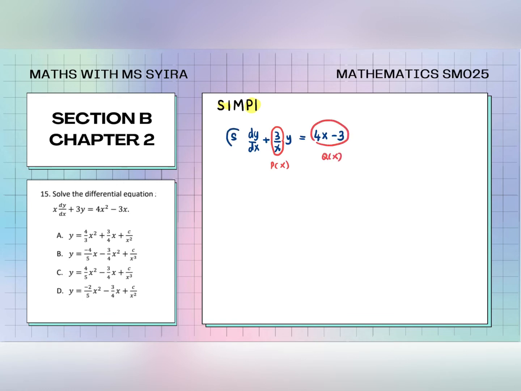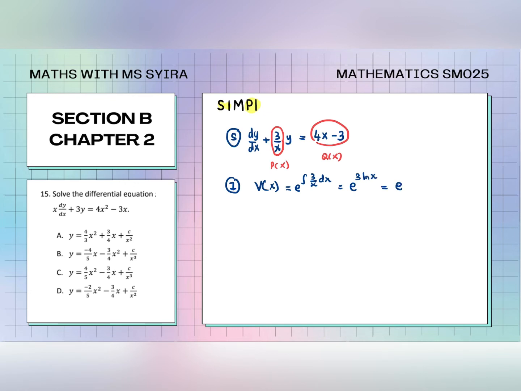Okay, tu adalah S. Now I. Kita nak cari V of x. Integrating factor dia apa? Okay, so the V of x will be e to the power integrate P of x dx. Integrate 3 per x dapat ln. So, e^(3 ln of x). Okay. And then kita simplify.